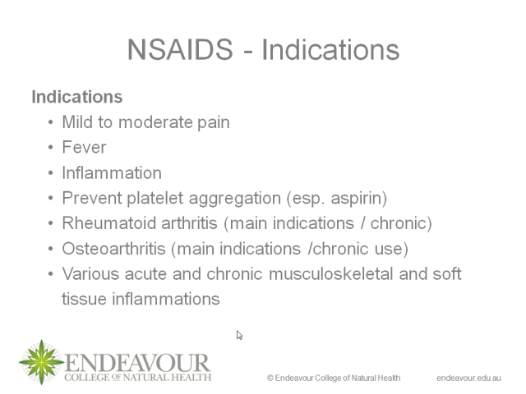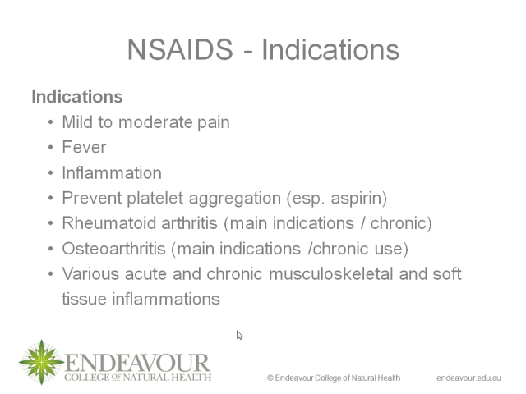The indications for nonsteroidal anti-inflammatories will be any mild to moderate pain. Any fever, they are antipyretic. Of course, inflammation, they will prevent platelet aggregation. The best of them is still aspirin. They will be indicated for rheumatoid arthritis, which is a chronic condition.